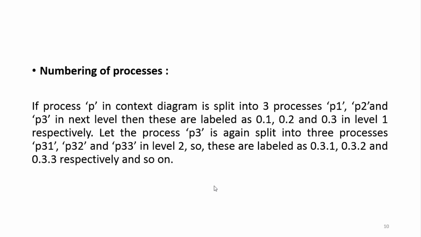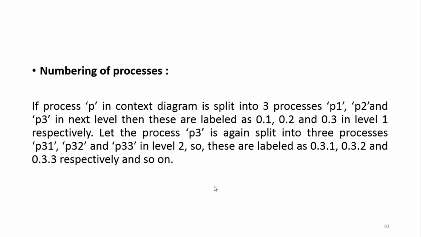That is why we use this numbering, so we can have an idea about the label, ancestors and successors of any process. In the level 0 diagram we represent it as 0, and at further levels as 0.1, 0.2.